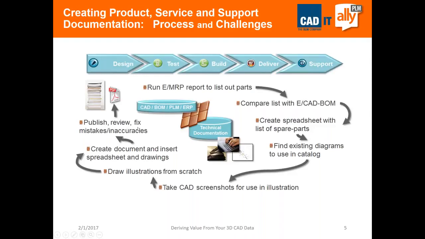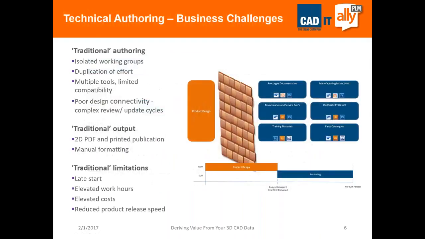And then, of course, what happens when you get changes, what happens if there's mistakes in there, how much time do you spend checking? And then we see some challenges that happen in this environment: often all the types of documentation you need to create are kind of isolated from product design.